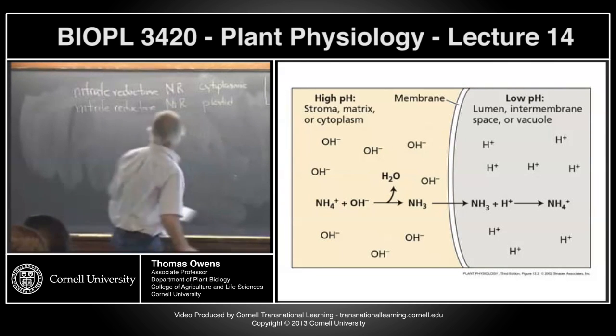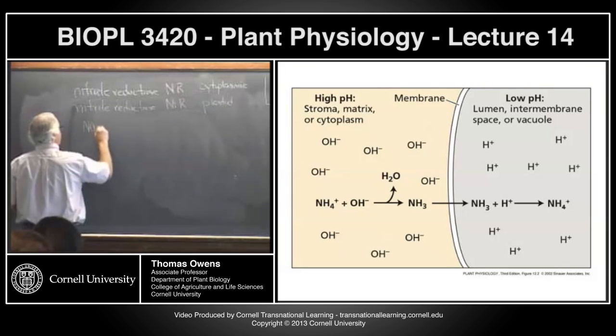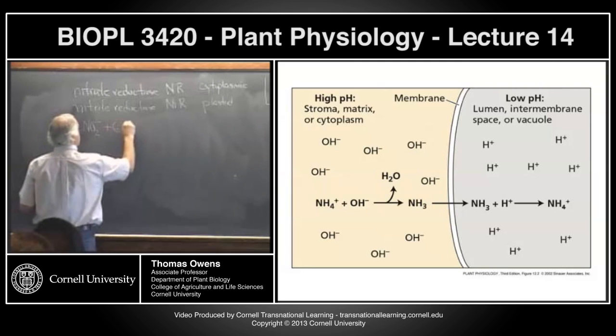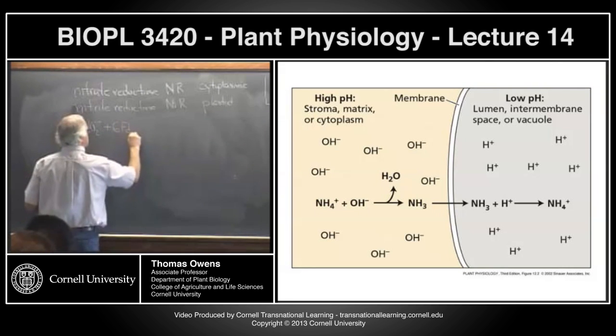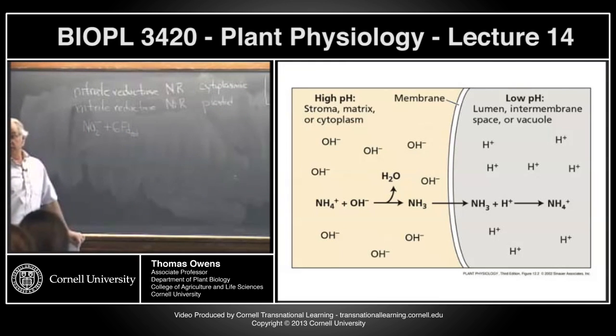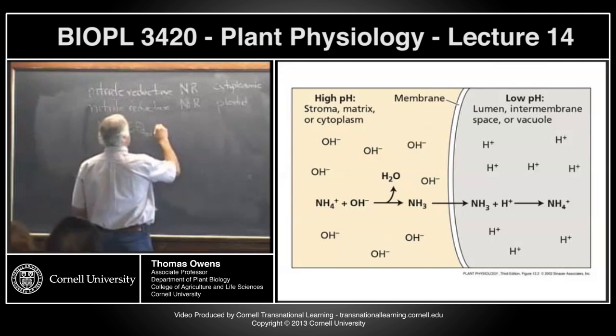Nitrite reductase, the reaction that it catalyzes. So we take nitrite. And what else do we need here? We need 6 reduced ferredoxins. So remember, ferredoxin is an electron carrier that functions after photosystem 1. And we also need a bunch of protons.